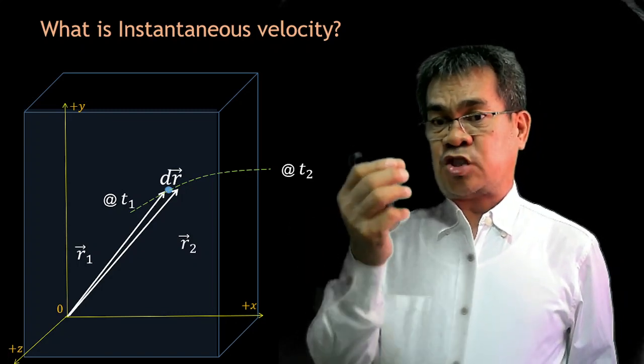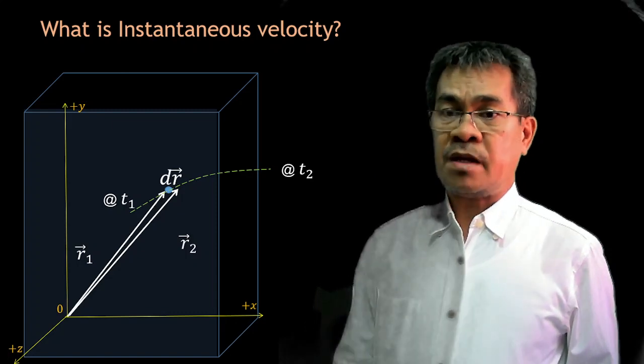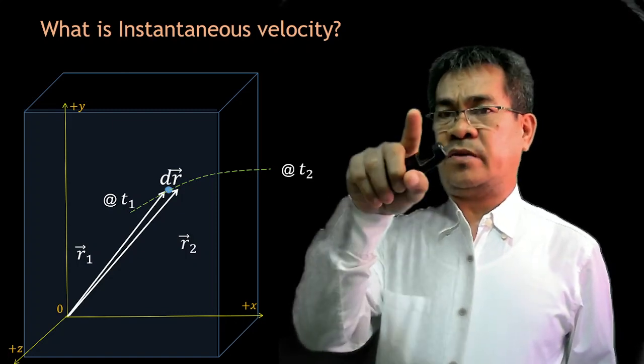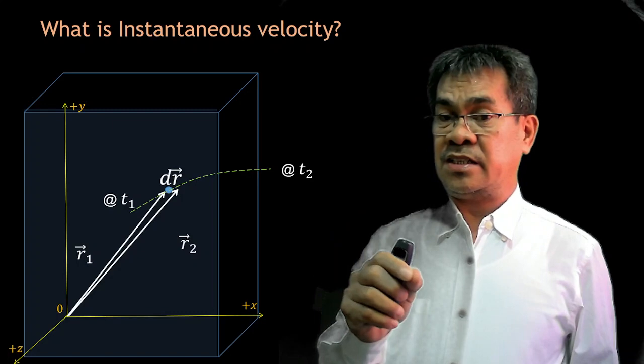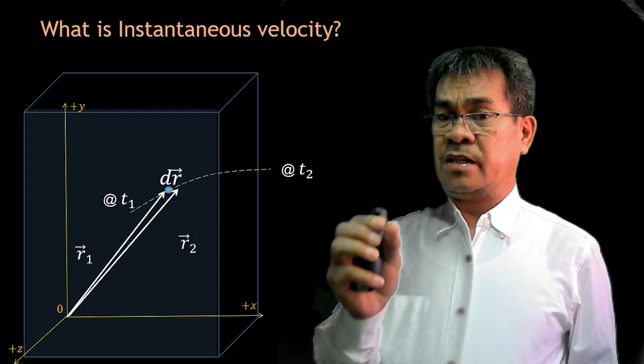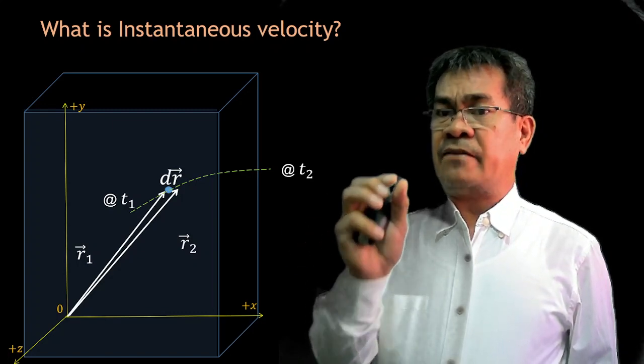So we call that a change in position, but a very, very small one. So we replace the delta r with dr. Take note of that.